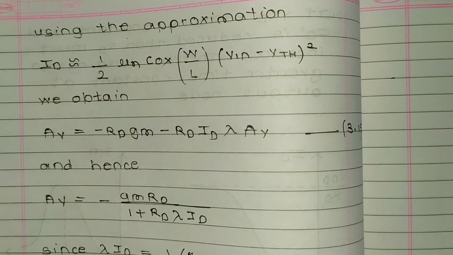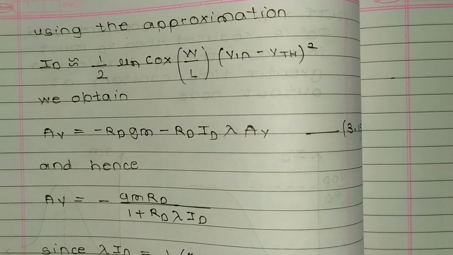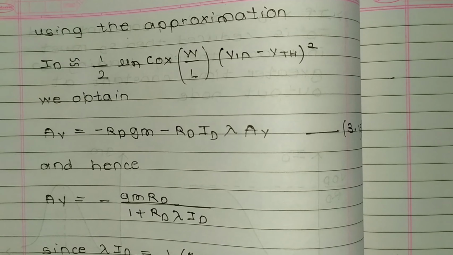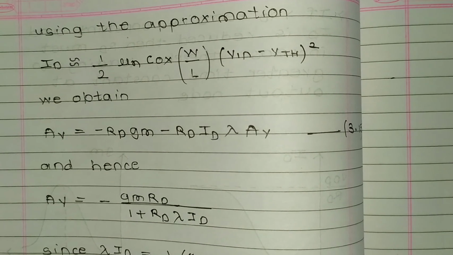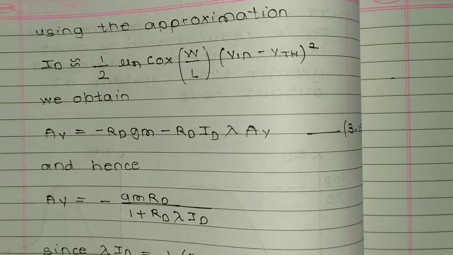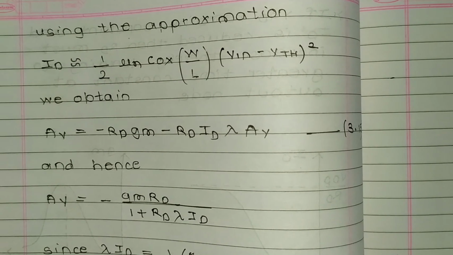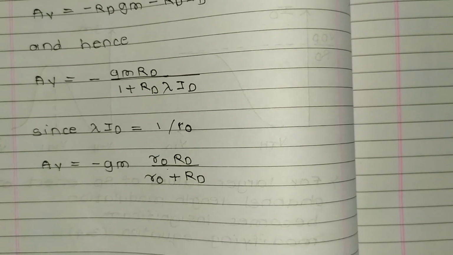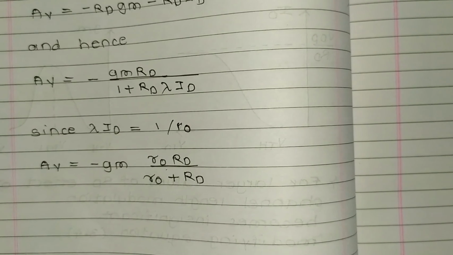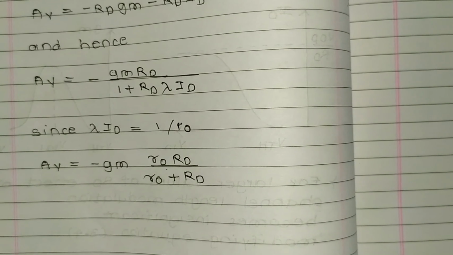Using the approximation ID is nearly equal to 1 by 2 mu n Cox W by L (Vin minus VTH) square, we obtain Av equal to minus RD gm minus RD ID lambda Av, and hence Av is equal to minus gm RD divided by (1 plus RD lambda ID).